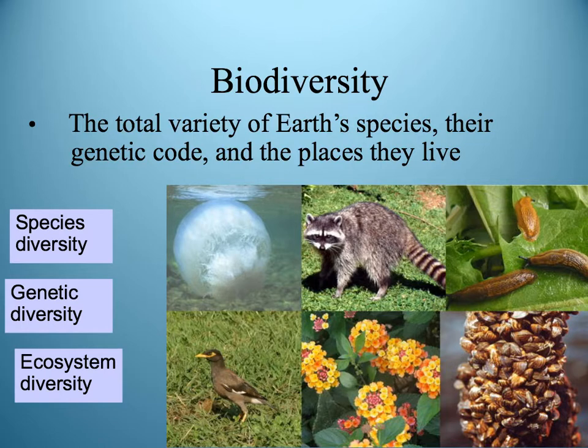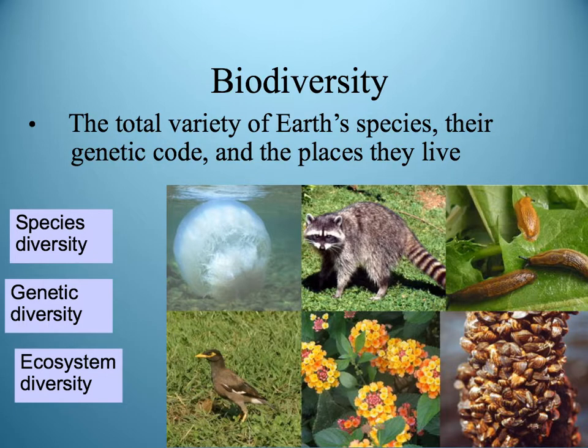So what is biodiversity here? Biodiversity is the total variety of Earth's species, their genetic code, and the places that they live. So we can look at biodiversity from a species perspective, and you can see here we've got different species of raccoon, of snails, of slugs, of birds, right? And then within those species, we can look at genetic diversity.